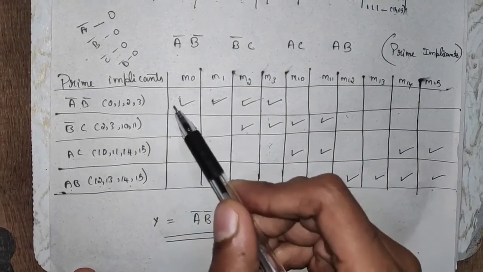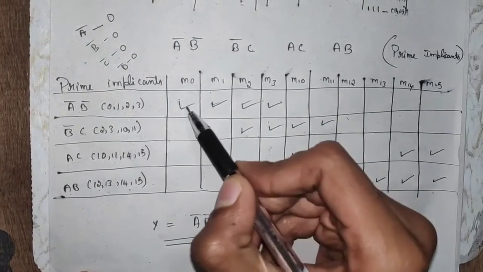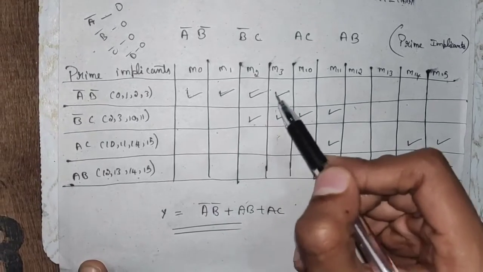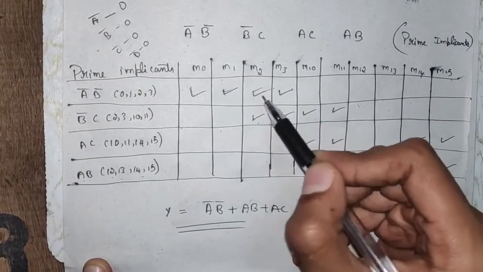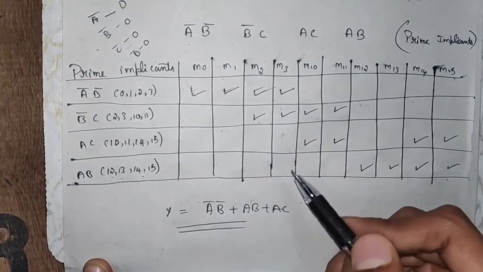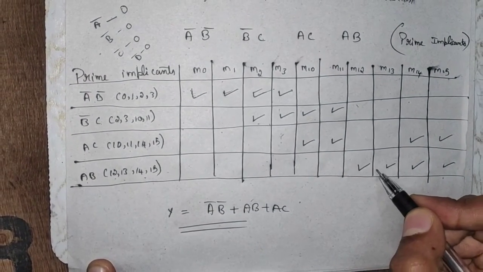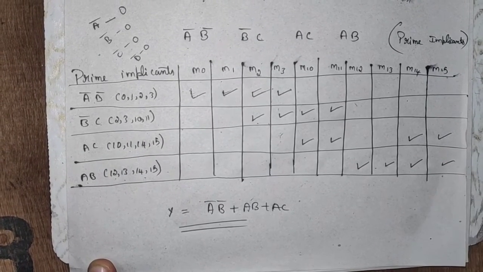So we should check whether the given terms are present in the respective numbers. We have 0, 1, 0, 2, 1, 3, 2, 3, and 2, 10. So we have ticked the respective boxes here. So this continues till 11, 15, 13, 15, and 14, 15, as we can see in the table.